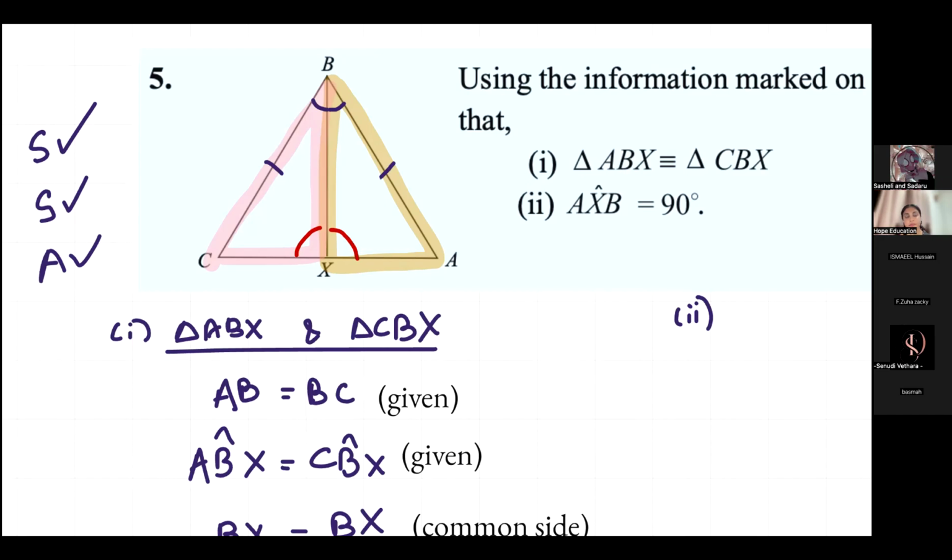Because it is equally bisected. How do you know it's equally bisected? Because the CBX triangle and the ABX triangle are equal because they are congruent, so the angles will be equal.